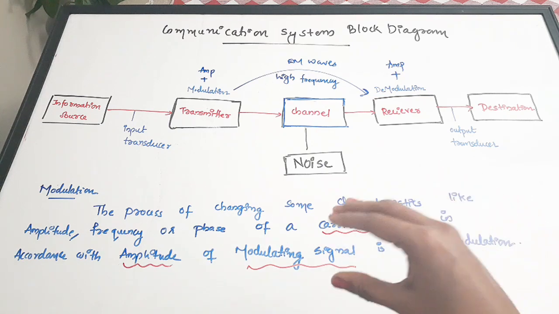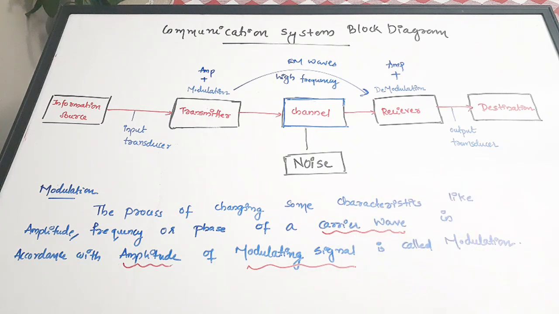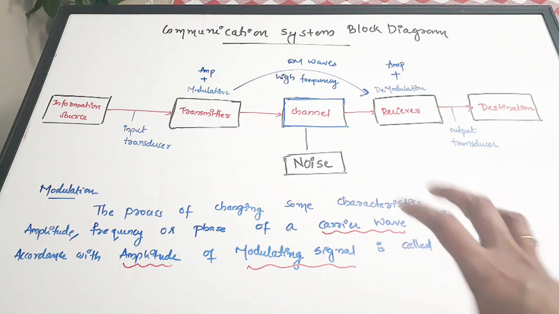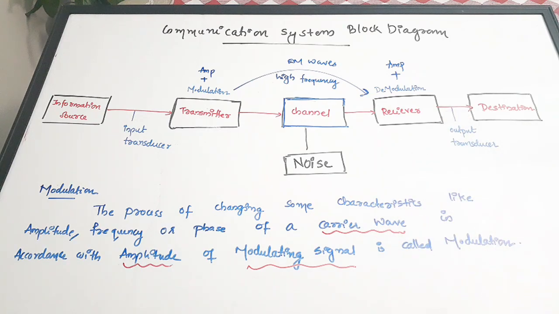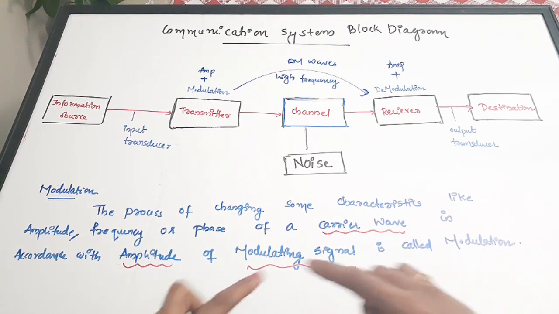Now this carrier wave is actually a high frequency wave. So we are going to change the characteristics of a high frequency wave, and we are making this change in accordance with the amplitude of the modulating signal.